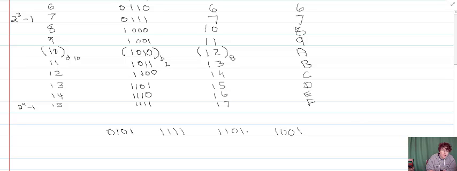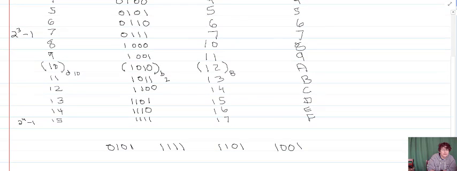If I want to convert that to hexadecimal, I just look and see what these correspond to. 0101 is 5. If it's a number between 0 and 9, then you can just write it because you know it'll be that in hexadecimal. If it's a number bigger than 9, you'll have to use the hexadecimal digit.